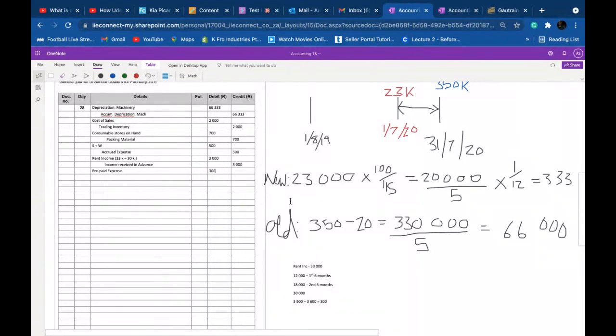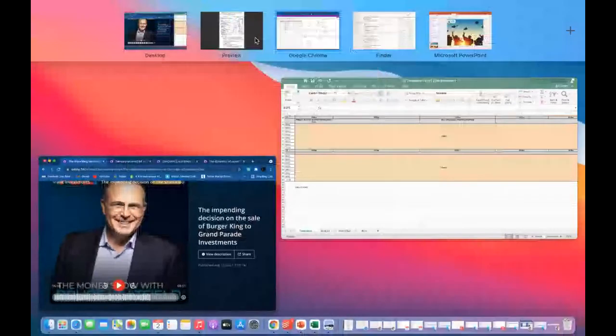What is coming down here is advertising. We only want what belongs to this financial year. We don't want anything outside of that. So that adjustment is done.